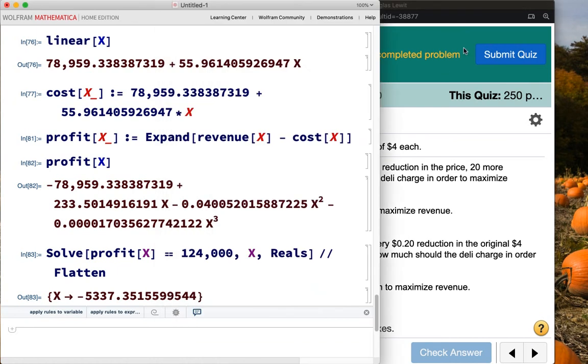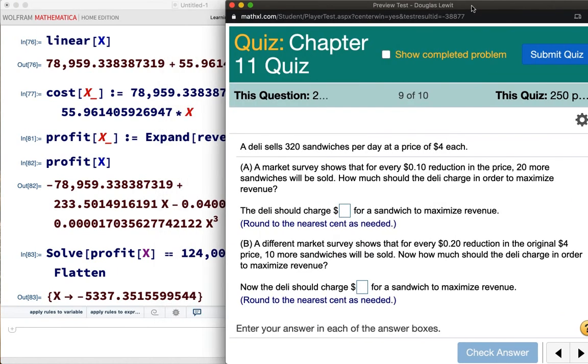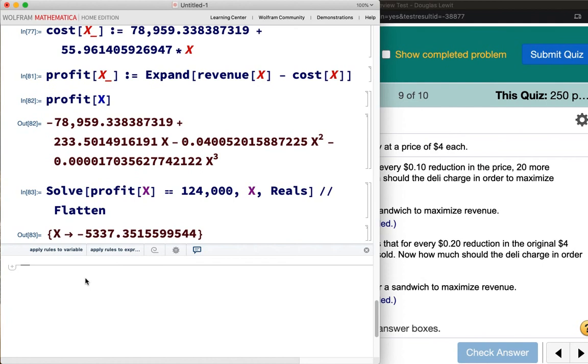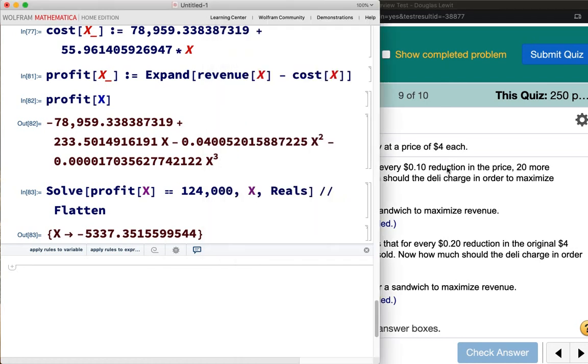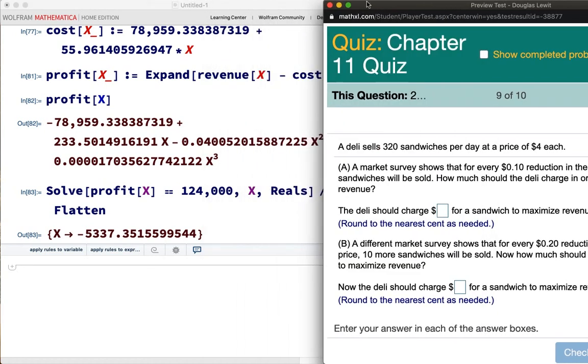So if you think about this, if I charge $4 for each sandwich, I'm going to sell 320 sandwiches. And if I charge $3.90, then I'm going to sell 340 sandwiches, etc., etc. So how much money are we actually making here?